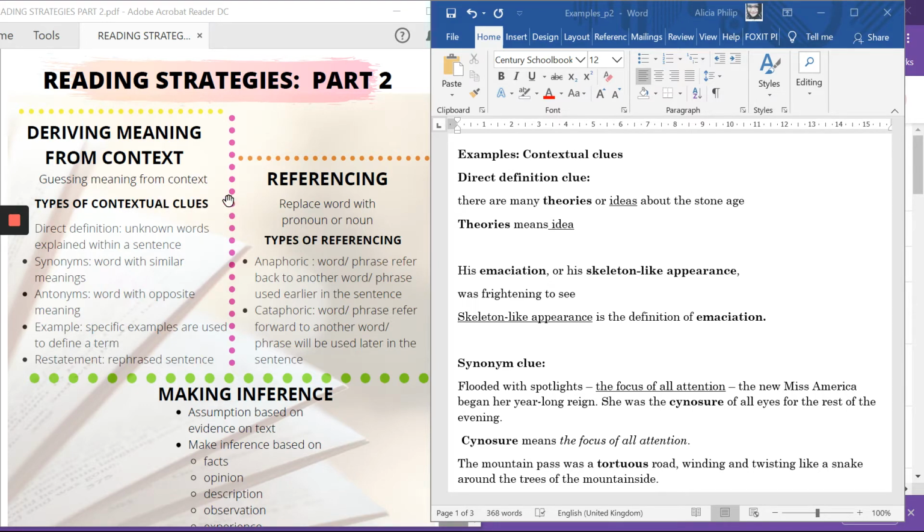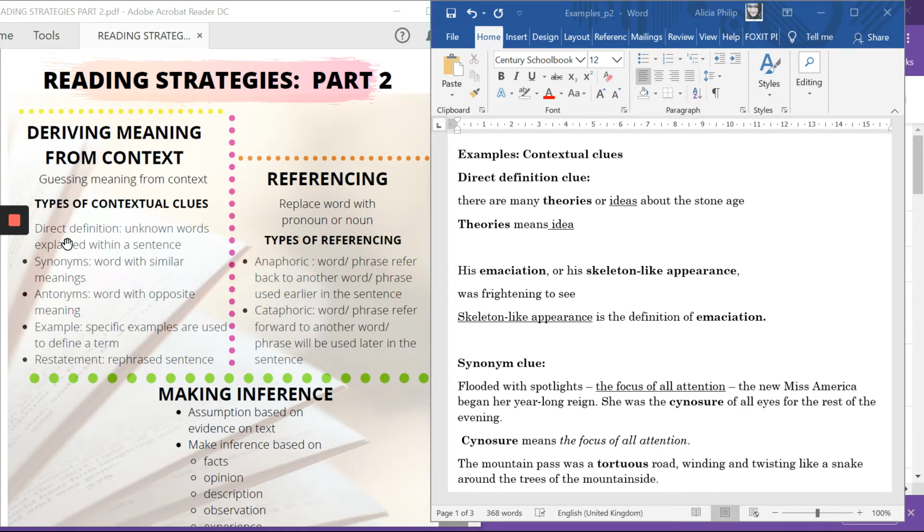It is a test. You cannot have any dictionary, so what we can do is guess the meaning from the clues. So what are the clues? These are a few clues that I have identified that you can use in your reading as a reading strategy in order to guess the meaning of the particular word.